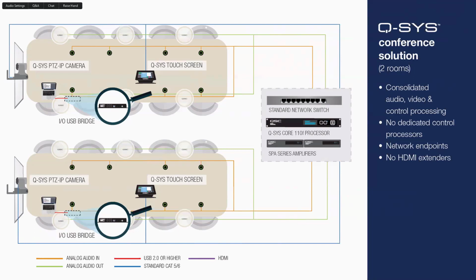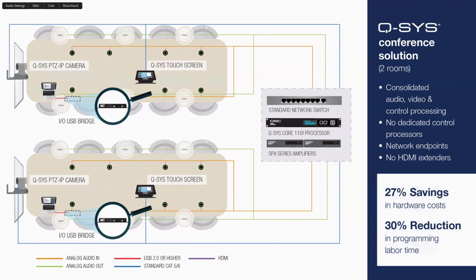These SPA series amplifiers are small and relatively inexpensive for the application. And then we gave dedicated control surfaces in the form of a Q-SYS touchscreen for each individual space. So as I said, all of this is maximizing use of the existing IT infrastructure, and we're able to greatly reduce the amount of hardware you have.